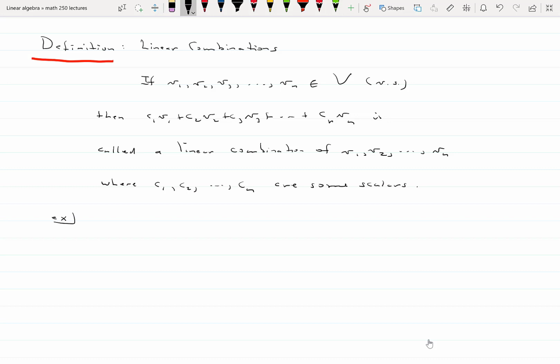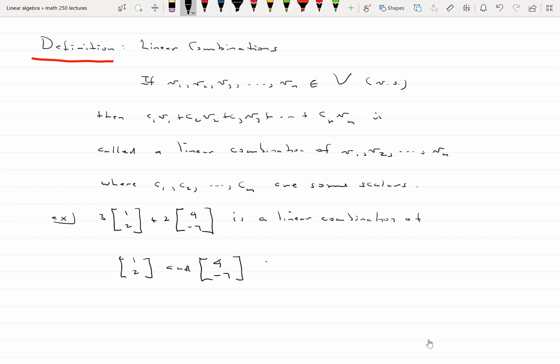For example, let's say 3 times the column vector 1, 2 plus 2 times the column vector 4, negative 7, I'm making these up as I go along, is a linear combination of the vectors 1, 2 and 4, negative 7 from R2.